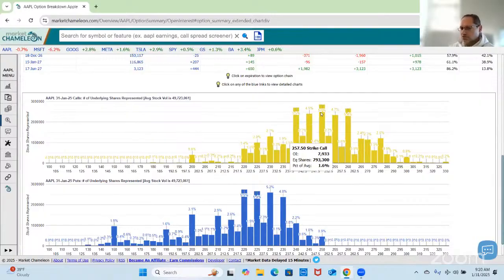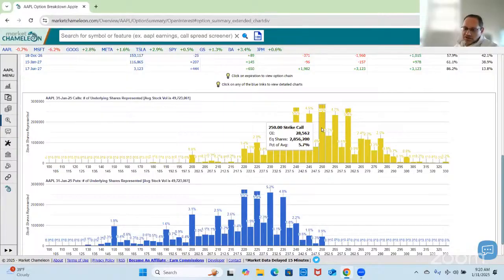And here it doesn't look bad. Right now it doesn't look like a crazy amount, especially since there's probably more trading and liquidity around earnings anyway. But that's the idea: Apple reported earnings, how does that open interest look, especially on expiring options?